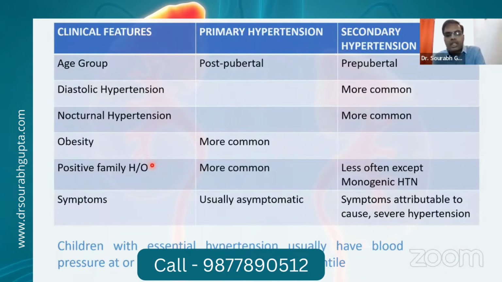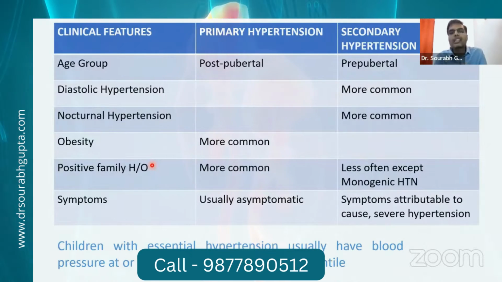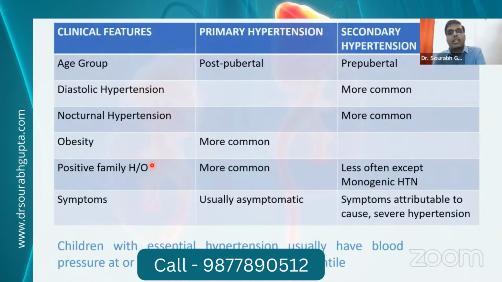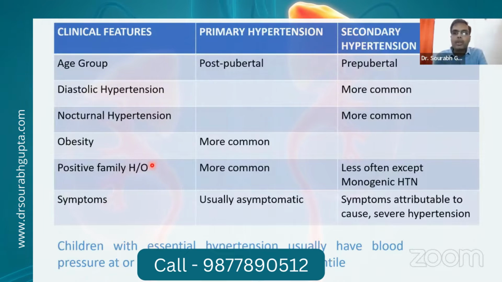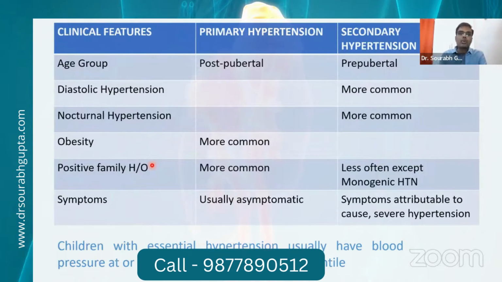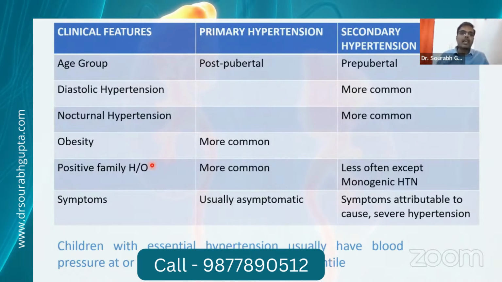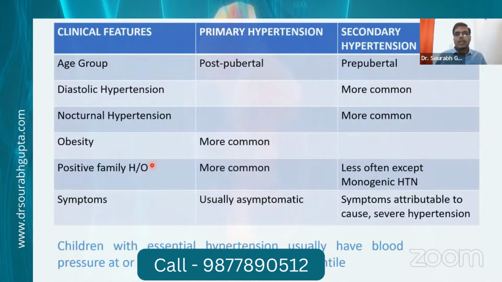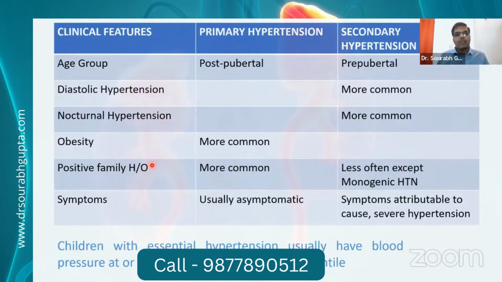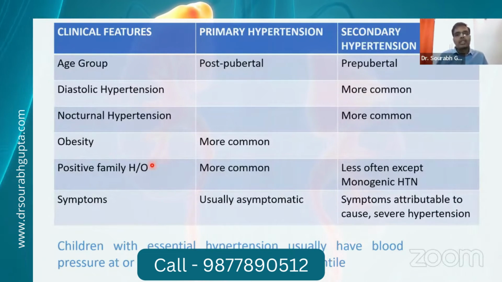Children with essential hypertension usually have blood pressure only slightly above the 95th centile. Secondary hypertension is more common in the pre-pubertal age. They have severe diastolic hypertension and blunting of the nocturnal dip. Mostly they don't have a family history except in monogenic hypertension, and they are mostly symptomatic.